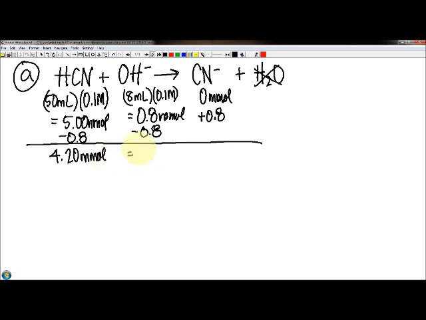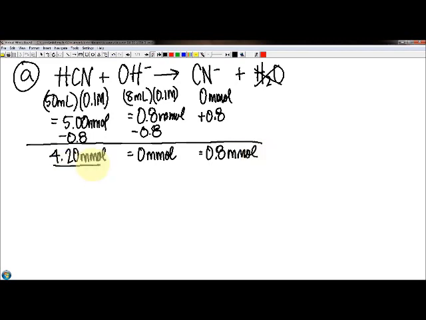We have 0 millimoles of our hydroxide left because we used it all up. And we now have 0.8 millimoles of the cyanide present in our solution. Okay, to use this stoichiometric part in solving for the pH, we need to go back to molarity.